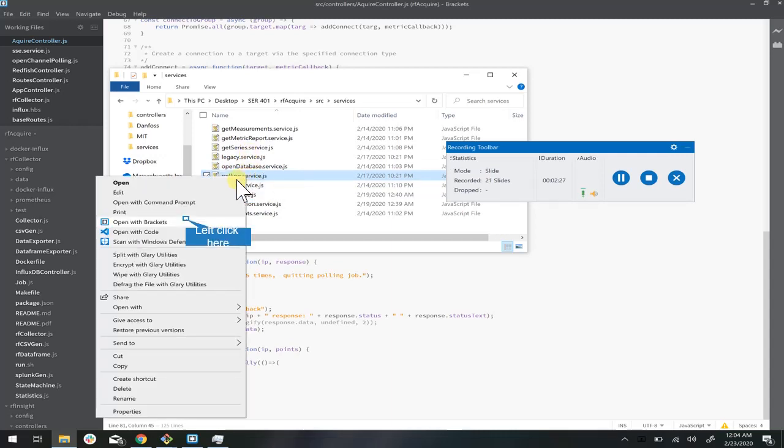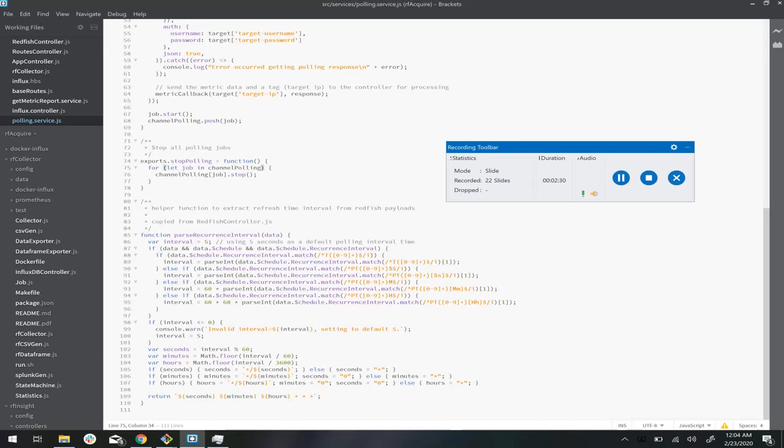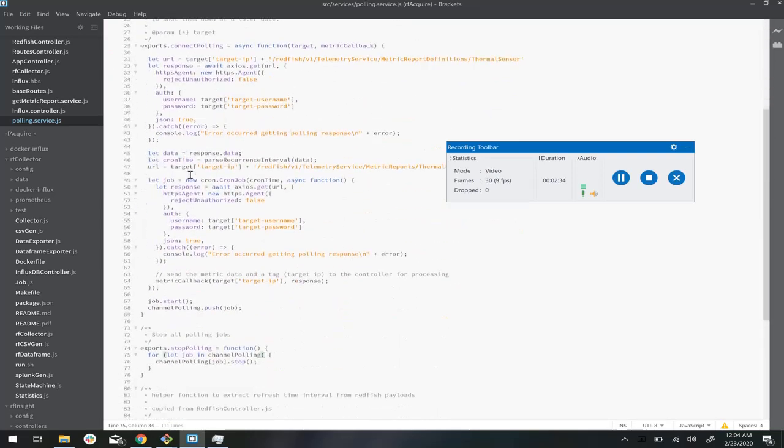So now the polling service has all of the required tools to make it run as an asynchronous function and can be called from our controller.